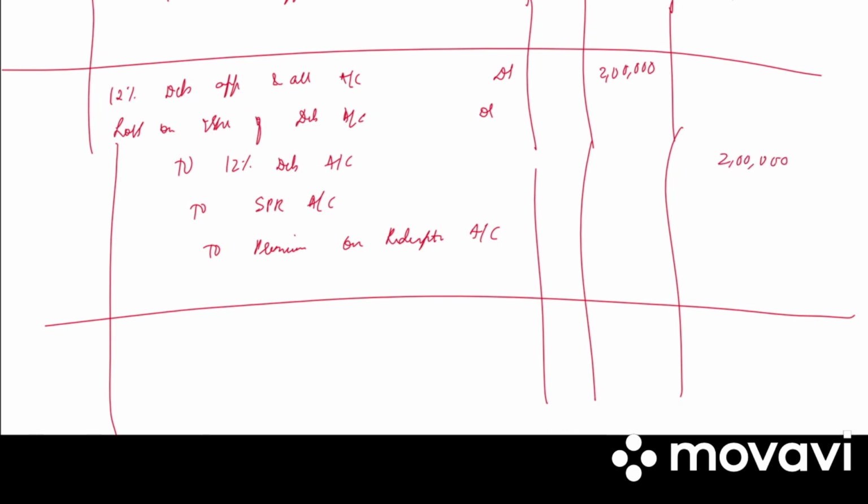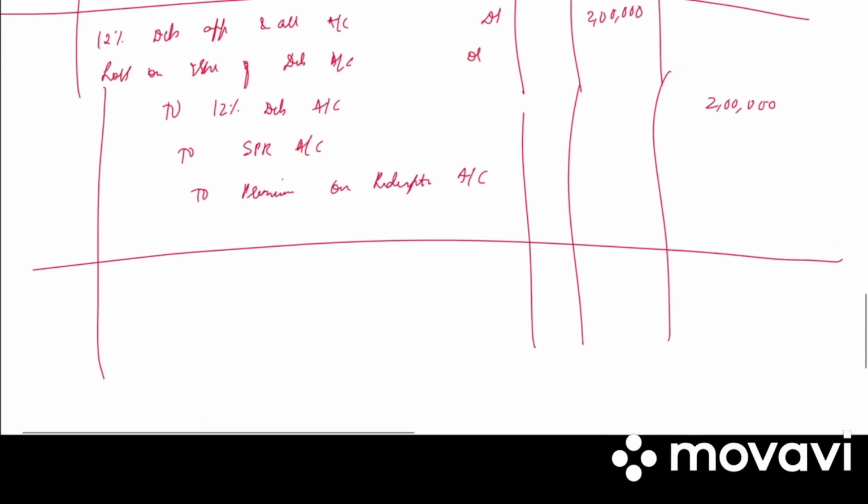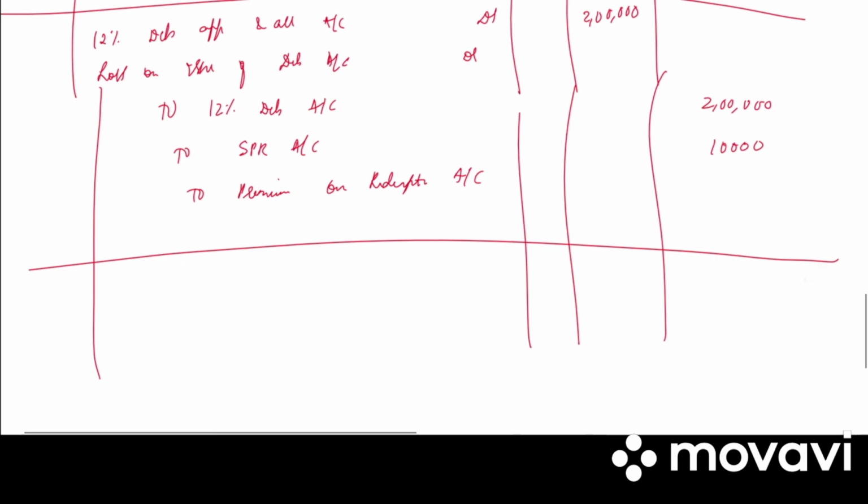Securities premium is how much? It is issued at 5%. So 2,000 into 5, that is 10,000. It is redeemed at 10%. So 2,000 into 10, 20,000. And what is the loss on issue of debenture? It is 20,000. And 12% debenture will be 2,10,000. That is 2,000 into 105.